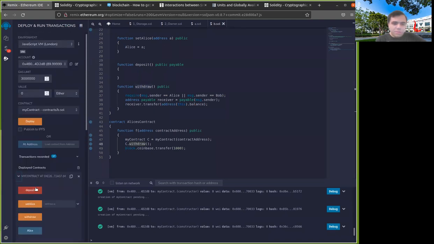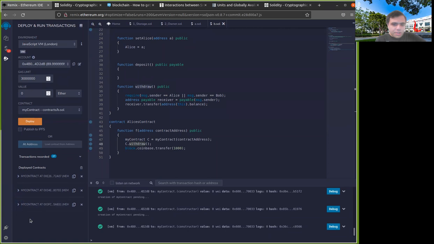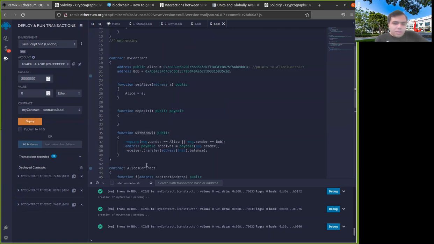So it might be the case that I have deposited a lot of money in the my contract at this particular address, but nothing at this other address. And they're basically independent of each other. The only similarity is that they have the same code, right? But they're not the same. They're different instances. They have their own money. Okay, any other questions?